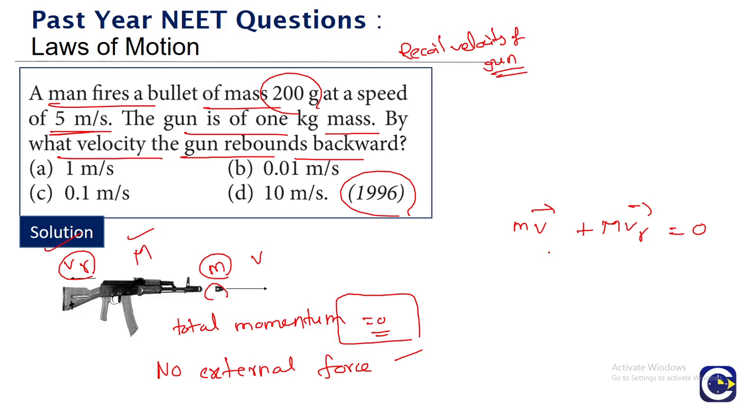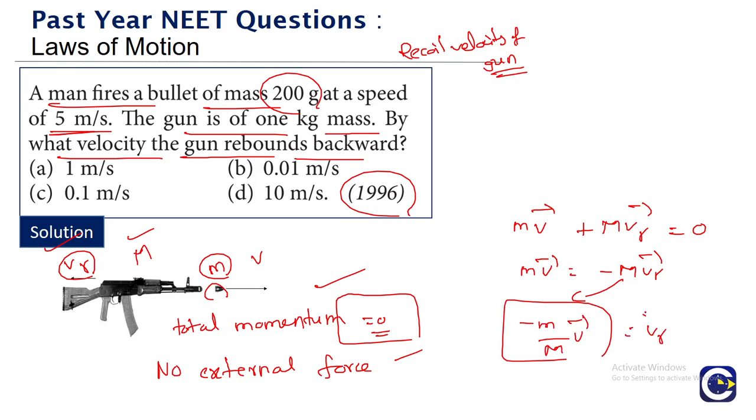So total final momentum also must be 0, because initial momentum should be equal to final momentum, which means small m into v is equal to minus capital M into Vr. So from here, Vr is equal to minus small m by capital M into v, that is the recoil velocity of the gun. The minus symbol indicates that if the bullet is moving in the forward direction, the recoil will be in the backward direction. That is the significance of the minus.